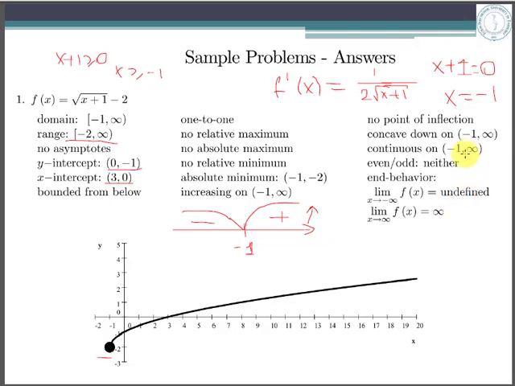And we don't have any point of inflection, because if we find the second derivative, you can check it by yourself, the signs will not change. So we don't have any inflection point.